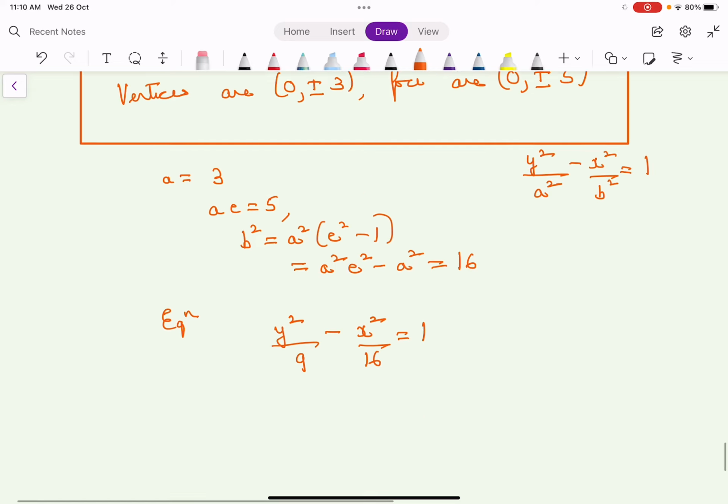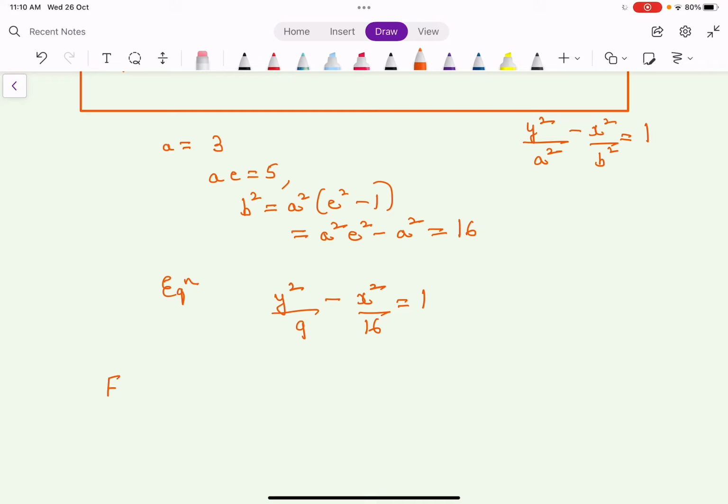Now the next question goes something like this. The foci are plus or minus 5, 0. Length of the transverse axis is 8 and find the equation of the hyperbola.